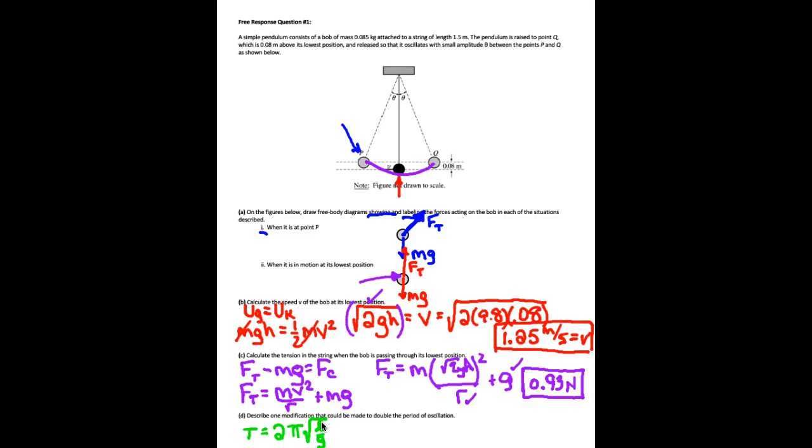If I solve this for L by dividing both sides by 2 pi, this becomes period over 2 pi, and that's going to be equal to the square root of L over g. And then I could square both sides in order to get rid of that square root sign.